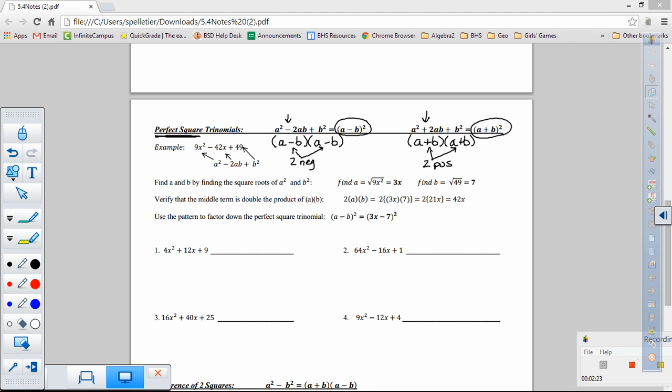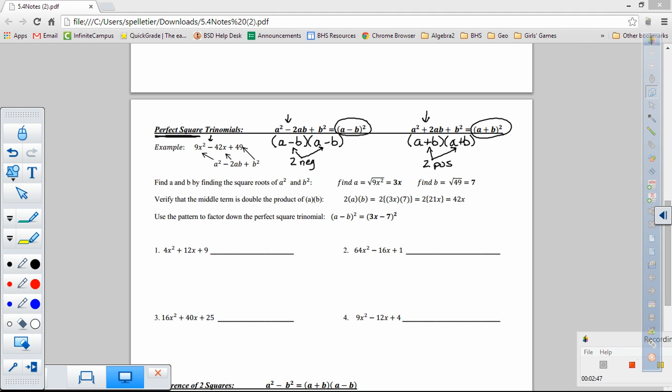Since this is a negative, I'm looking at the first example where this first term represents the a squared, and this first term represents the b squared, and this negative 42x represents 2 times a and b. Okay? And so let's FOIL this out. A times a gives me a squared.